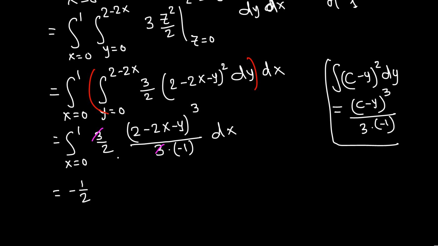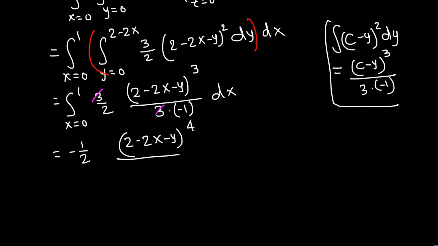And now let's integrate this cube in the same way. This will be 2 minus 2x minus y raised to 3 plus 1, 4, divided by 4 times, we need to divide by the coefficient of x, which is negative 2.